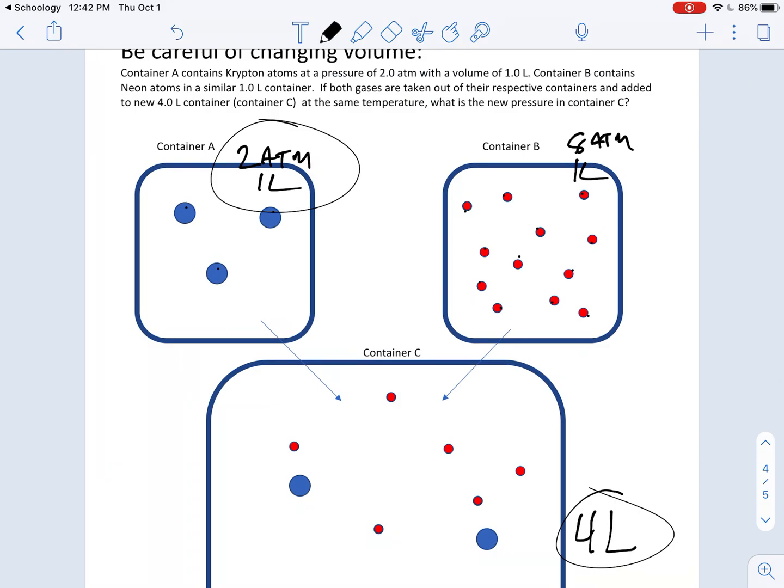Well, we should know that from Boyle's law, if you quadruple the volume, then the pressure should decrease by a commensurate amount. And so, as far as the blue krypton is concerned, the pressure of the blue guys over here should be down to 0.5 atmospheres because the volume went up by a factor of 4, and so the pressure has to drop by a factor of 4.